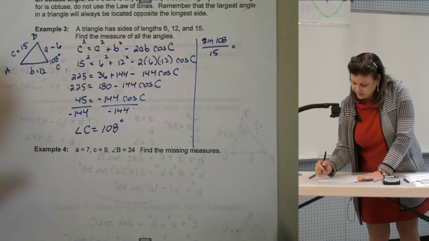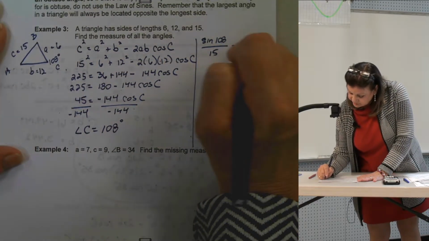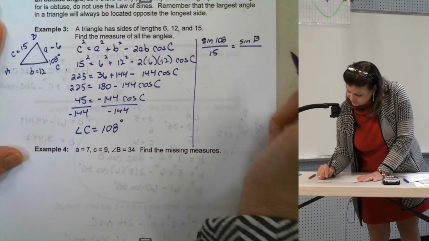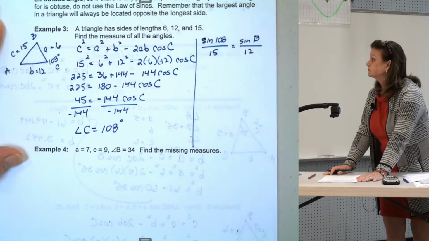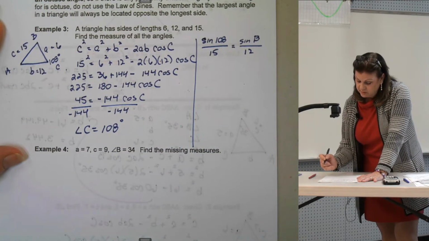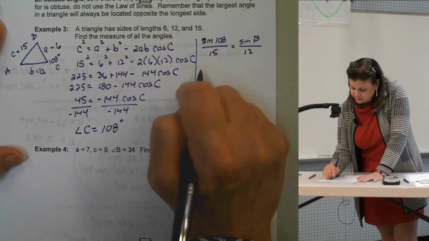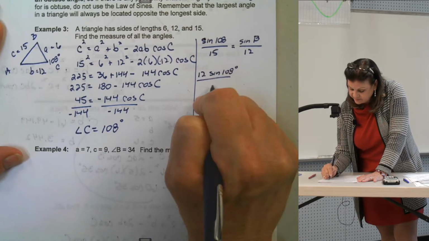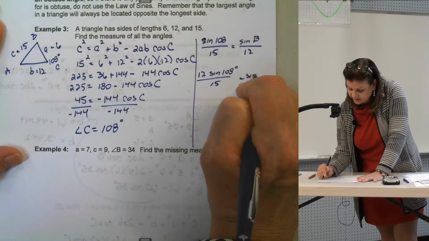So let's go there because I've only got 82 degrees left. So sine B over 12. Okay. So I've got 12 sine 108 over 15 is the sine of B.